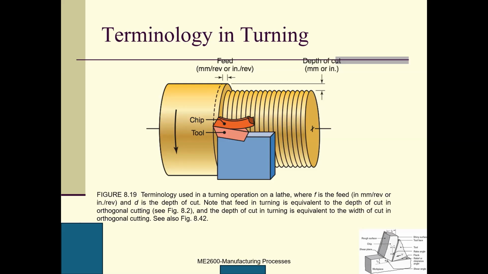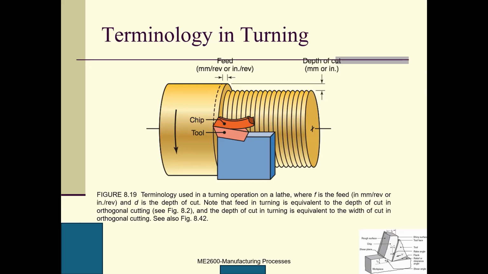The tool is not rotating; this guy is rotating. This is my depth of cut for orthogonal cutting, which is the feed in my 3D turning, and the material will go this way.